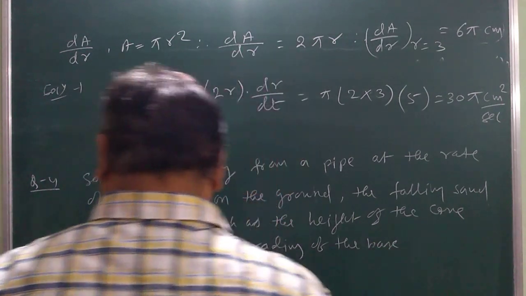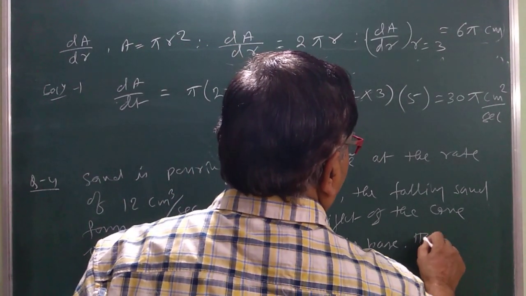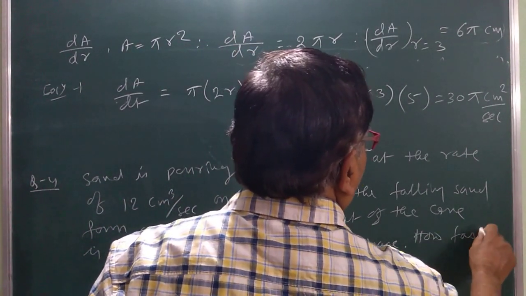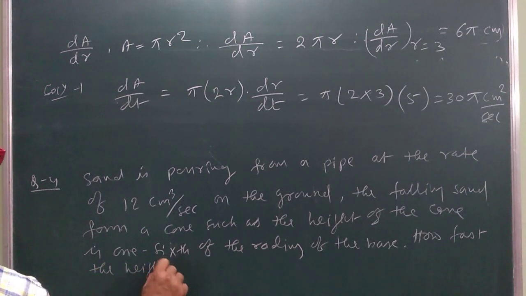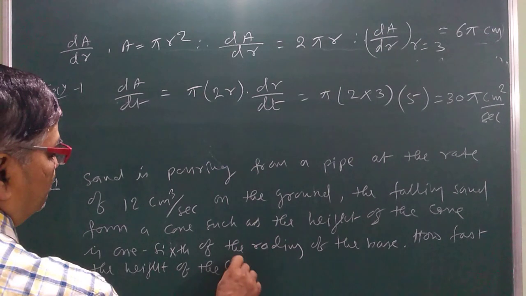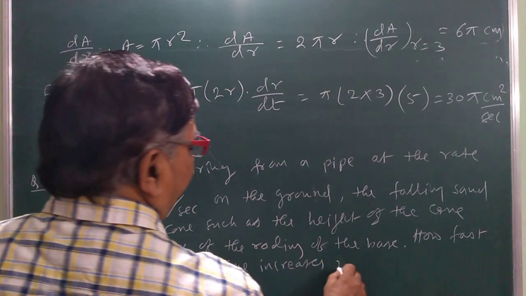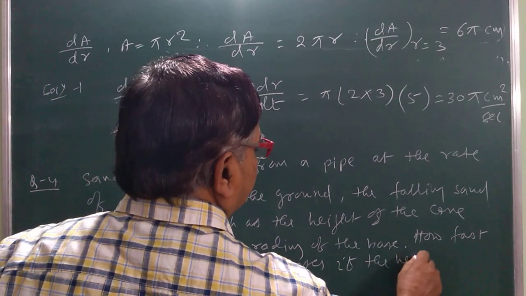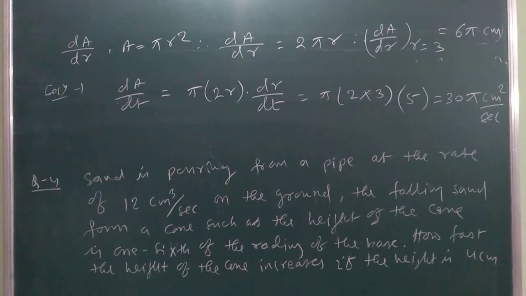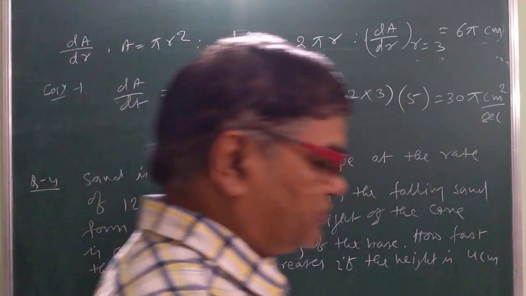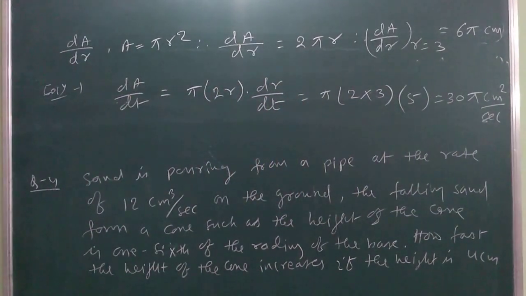So the question is, how fast does the height of the cone increase if the height is 4 centimeter? So this is a very interesting question. Now how do we solve this question?